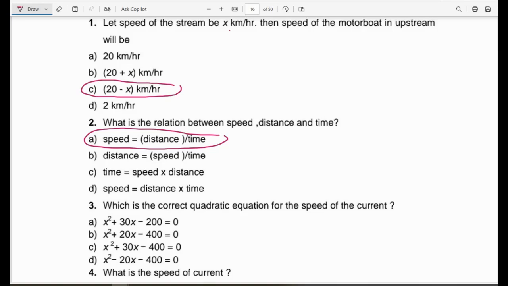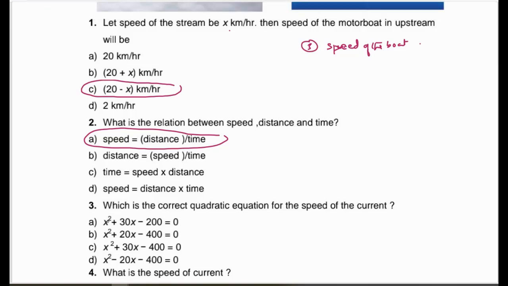So for the speed of the current, we'll just take the third one. Let the speed of the stream be x kilometer per hour.